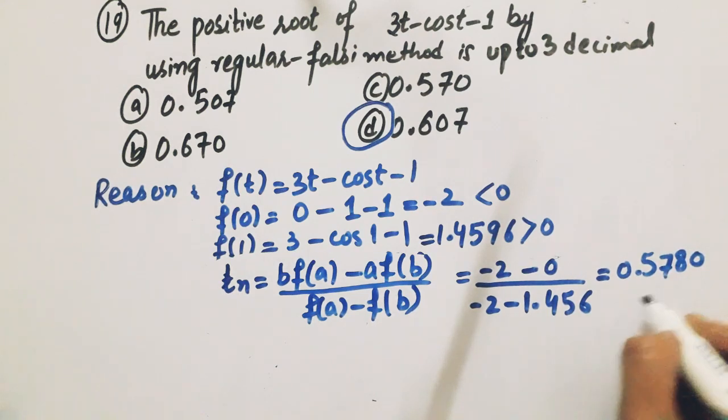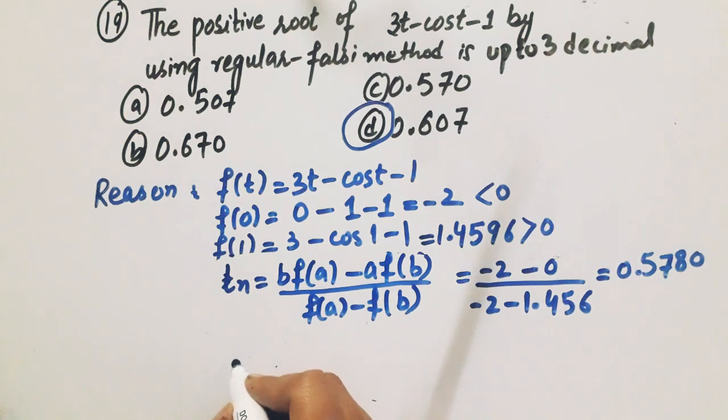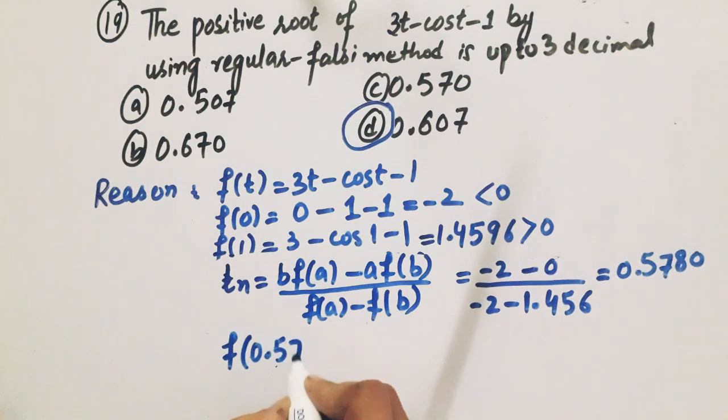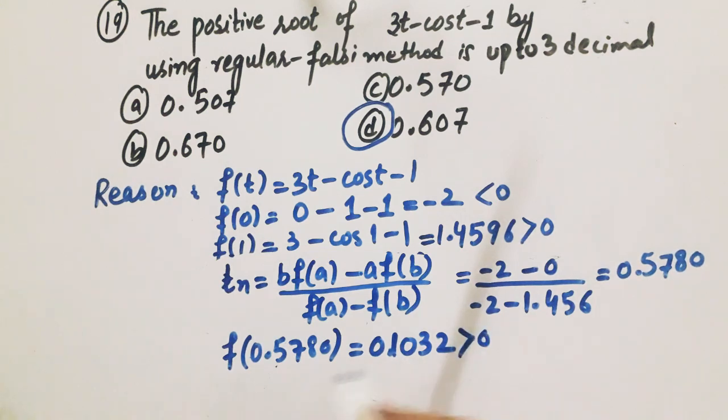When you put this value in the function 3t minus cos t minus 1, you will get f of 0.5780 is equal to 0.1032. Now this value is also greater than 0.